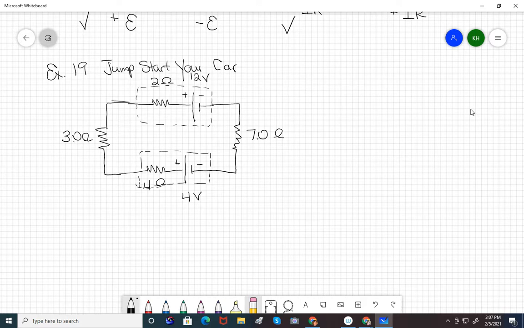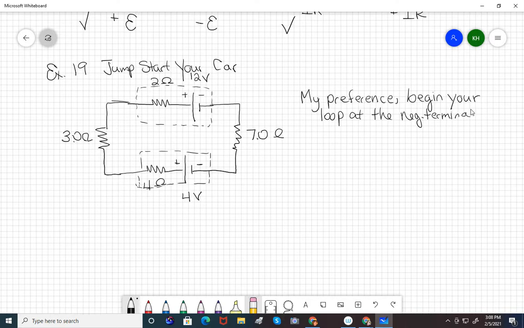When you're trying to decide where to use the loop rule, this is my preference, you can technically start anywhere, but I recommend that you begin your loop at the negative terminal of the largest EMF, which is usually going to be a battery.